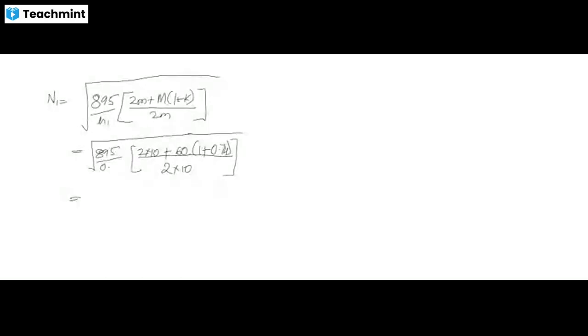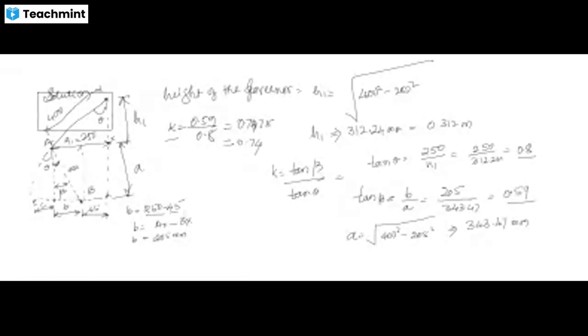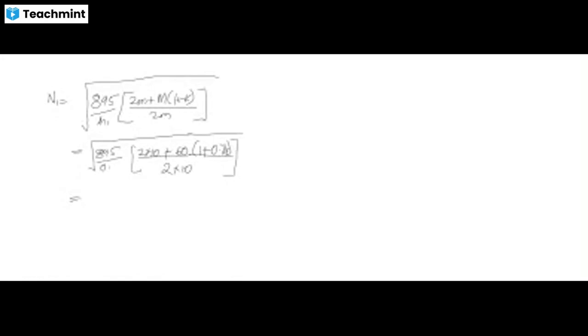Calculate how much you are going to get. N1 is 133.57 RPM.